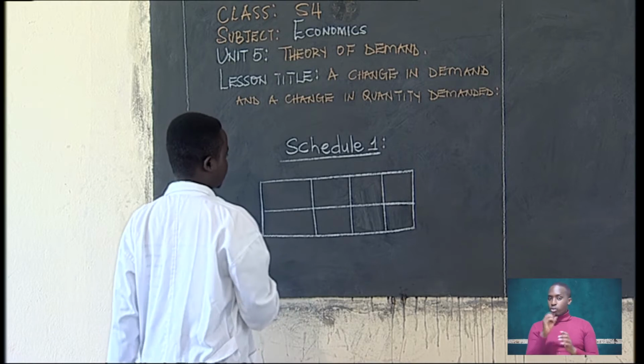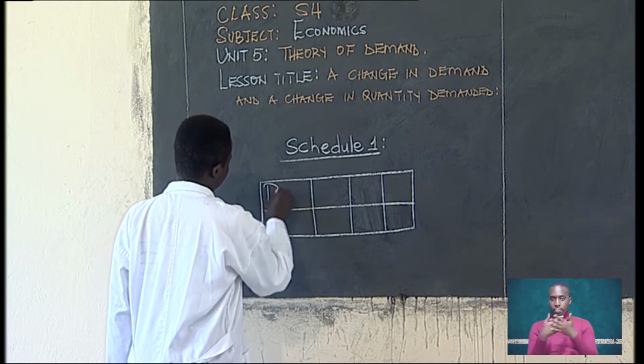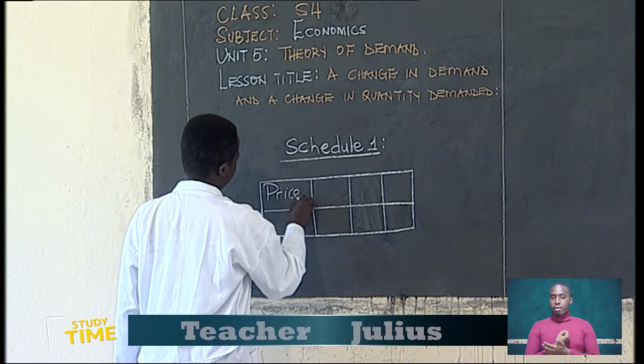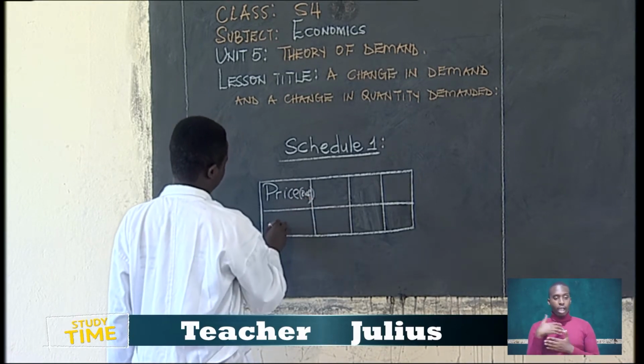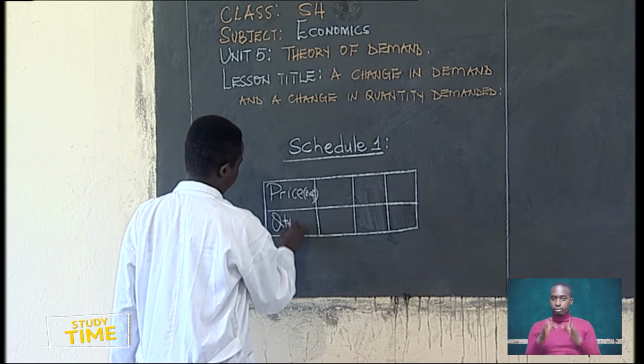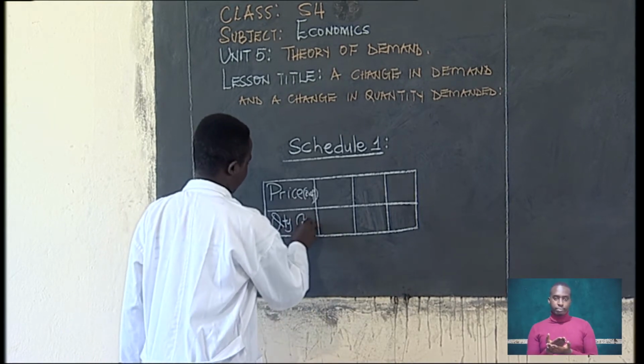I have this schedule here, and here I have my price in Rwandan francs. Then I have our quantity demanded, maybe in kilograms.